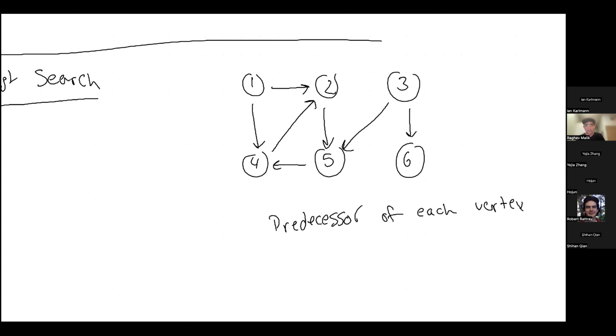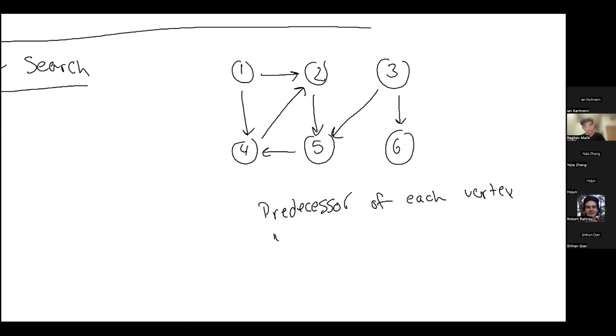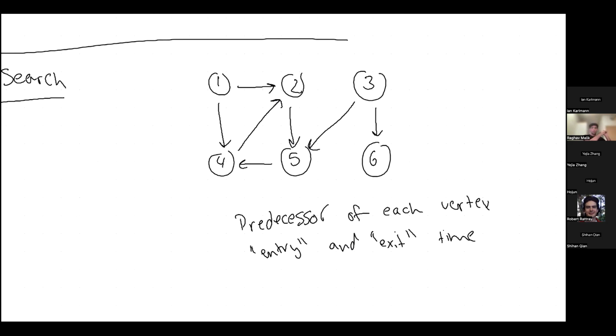But we're also going to have this idea of entry and exit time. The entry time is when I first visit a particular vertex. The exit time is when I backtrack past that vertex, right? So we're going to track both of these.